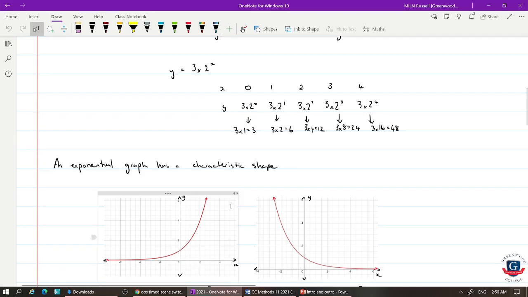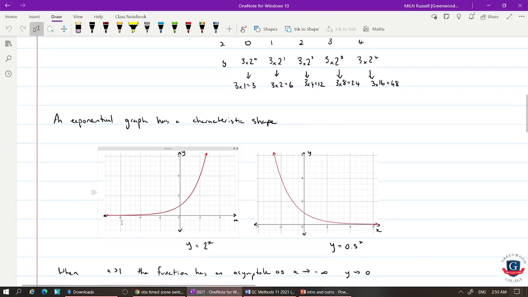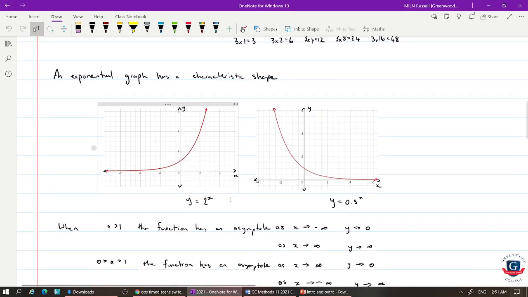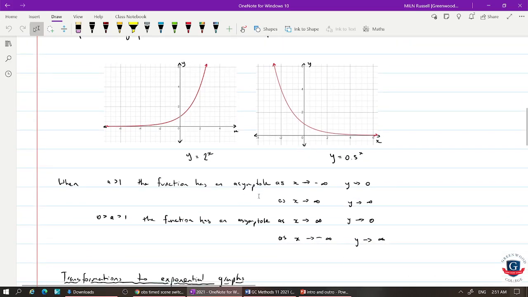Now, an exponential graph has a characteristic shape. If we've got one that's growing, it'll start at an asymptote and it will gradually increase and go off to infinity. If it's a decaying equation, it will start at positive infinity and work its way down to an asymptote, which is shown here.